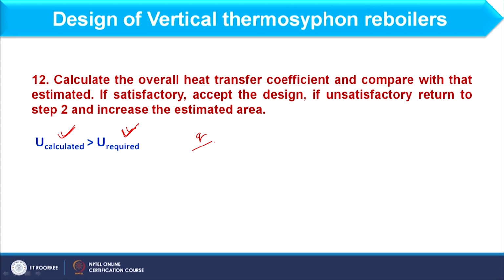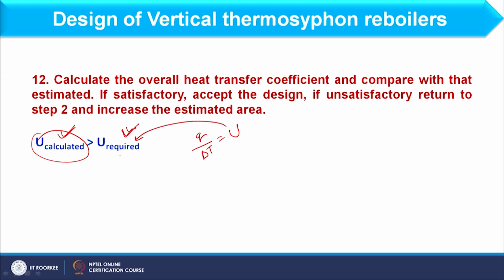So, the Q value you already know and that should be divided by delta T mean. Okay. So, it will give me the U value and this U value you can consider here. Okay. So, whatever U you have calculated, it should be more than U required. Okay. However, when I am considering a higher overall heat transfer coefficient, my area should be less, right.